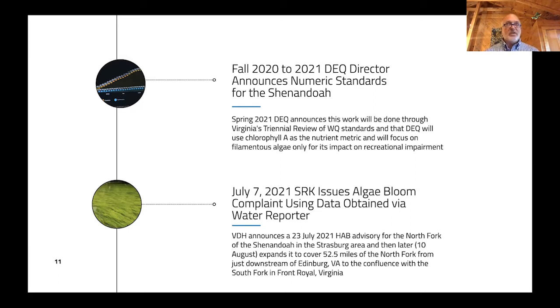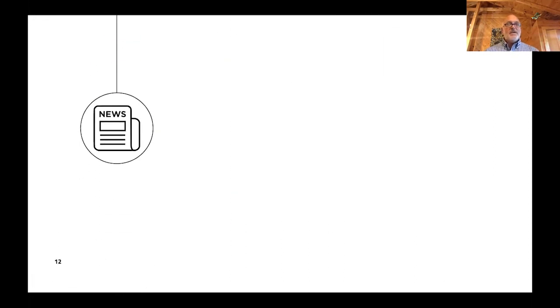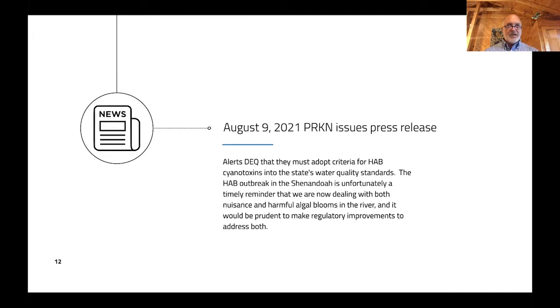Virginia Department of Health issued the first ever harmful algal bloom advisory on the Shenandoah River system. It caught a lot of attention, and it got picked up by the press and everything else. But in a weird way, I'm kind of happy that it happened, because this is not the first time that there's been a harmful algal bloom on the river system.